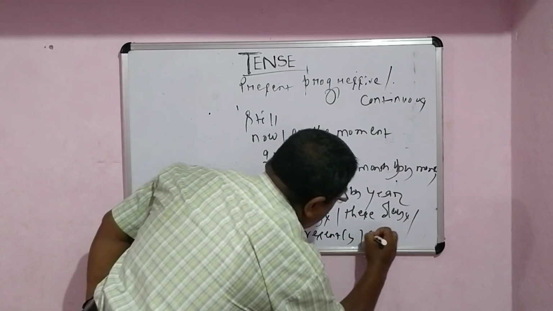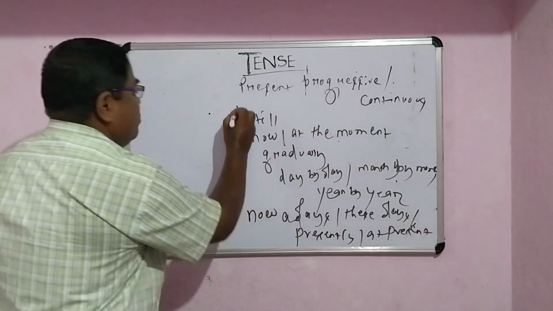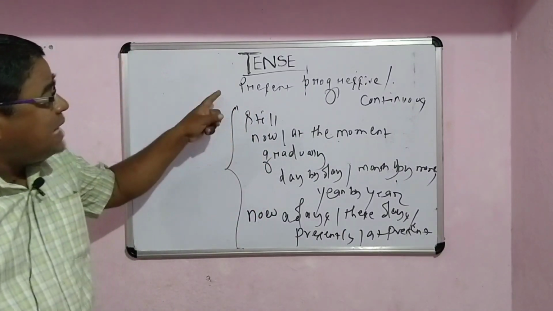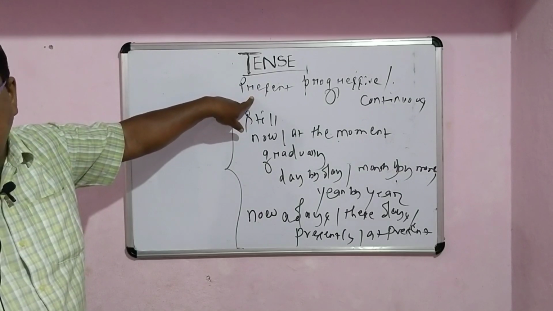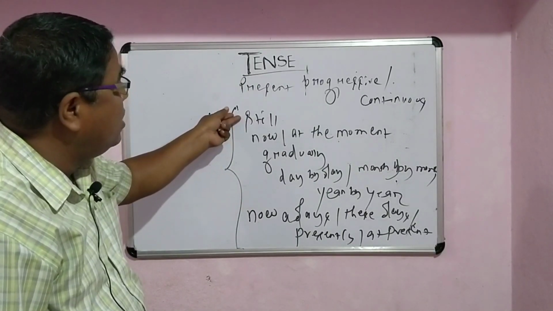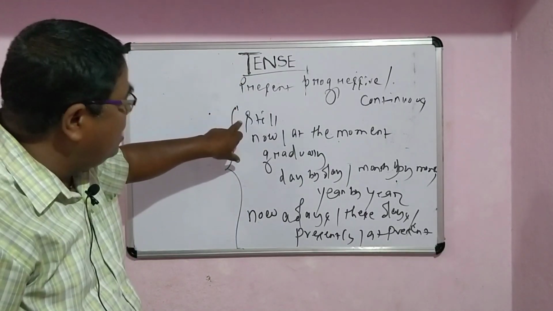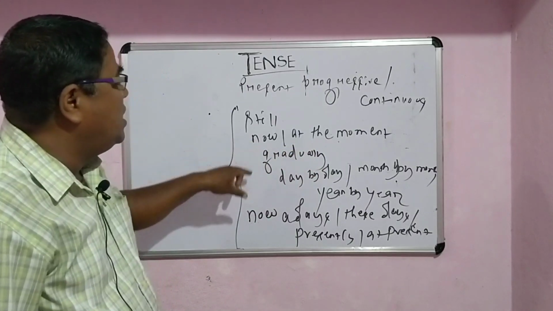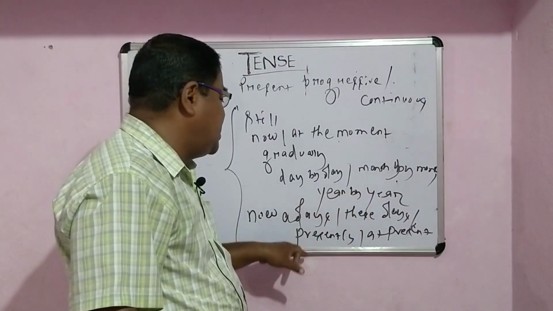Remember, when we notice such time adverbs, remember these special time adverbs for your present progressive. If you know your time adverbs more and more, your tense, particularly the present progressive, will be better. Still, now or at the moment, gradually, day by day, month by month, year by year, nowadays, these days, presently, or at present.